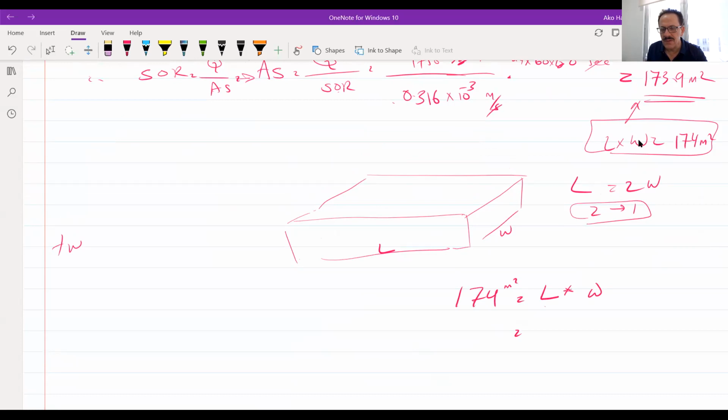And I will assume the length is twice the width, so L is equal to 2W times W will equal to 174. So from this, W square will equal 174 divided by 2, which is 87 meters square. And W will be the square root of 87, which means how much?